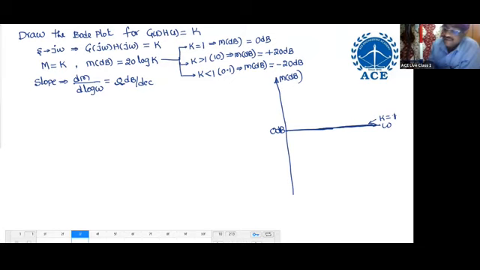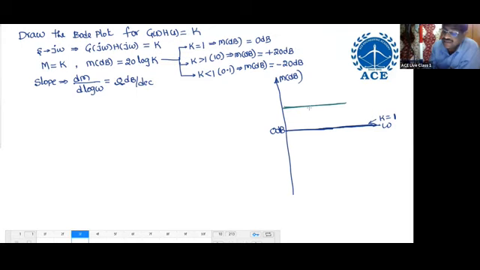If K is greater than 1, what happens? The plot is shifted upward. How much upward is it shifted? If it is 10, 20. If it is 100, 40. If it is 1000, 60.